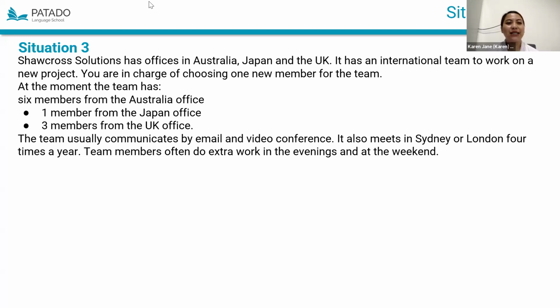At the moment, the team has 6 members from the Australia office, 1 member from the Japan office, and 3 members from the UK office. The team usually communicates by email and video conference. It also meets in Sydney or London 4 times a year. Team members often do extra work in the evenings and at the weekend. Later on the next slide, you have to decide who you are going to choose to complete the team.